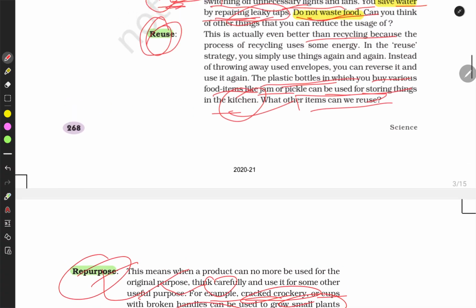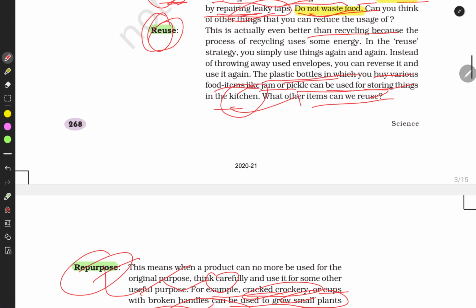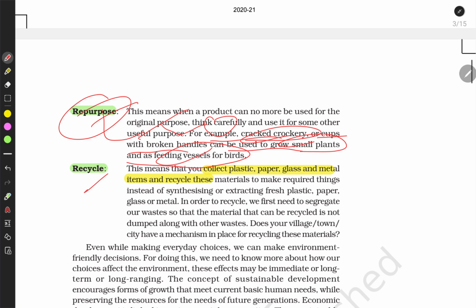For example, suppose I have a bucket in which I used to store water. Suppose it got broken, and this bucket can be repurposed by planting a flower in it.